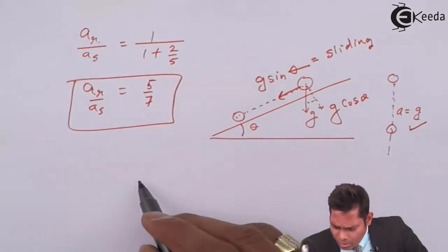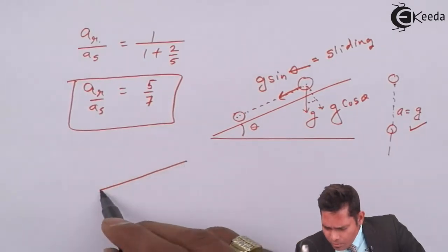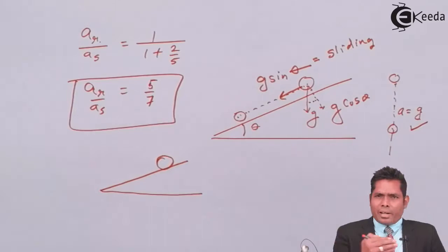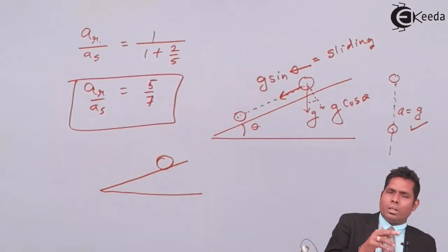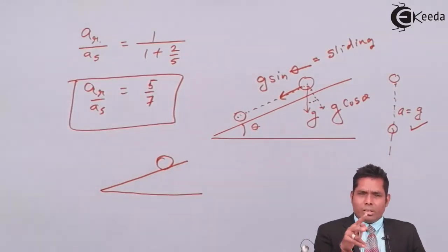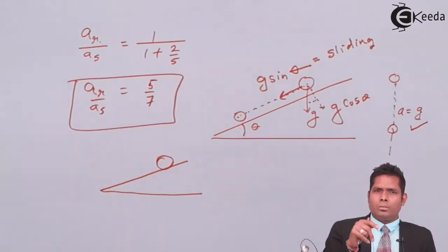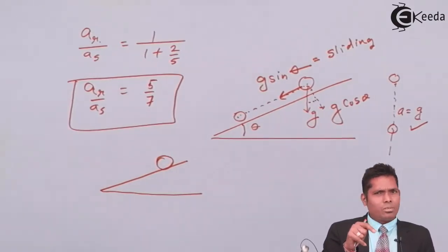Now if a body rolls, apart from sliding, it is rolling actually. In case of rolling, we have got two types of motion taking place: rotation and translation.